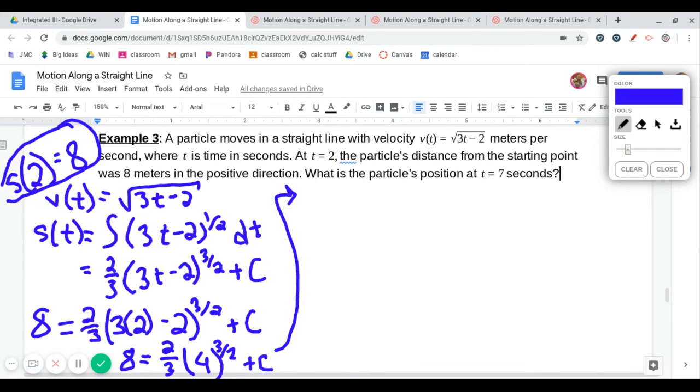All right, let's simplify this more. So this 4 to the 3/2, that's like saying 4 cubed and then the square root of that, or we can say the square root of 4 cubed. That's where this over 2 comes from. So the square root of 4 is 2, and 2 cubed is 8.